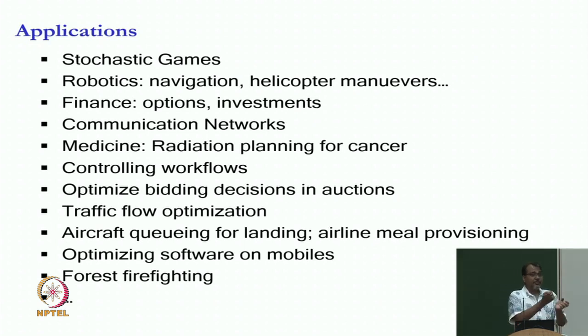A lot of your cell phone games where you are given some actions and something randomly happens, those are Markov decision processes. In robotics, just navigation, because you have to constantly deal with uncertainty, is a Markov decision process or its extension.